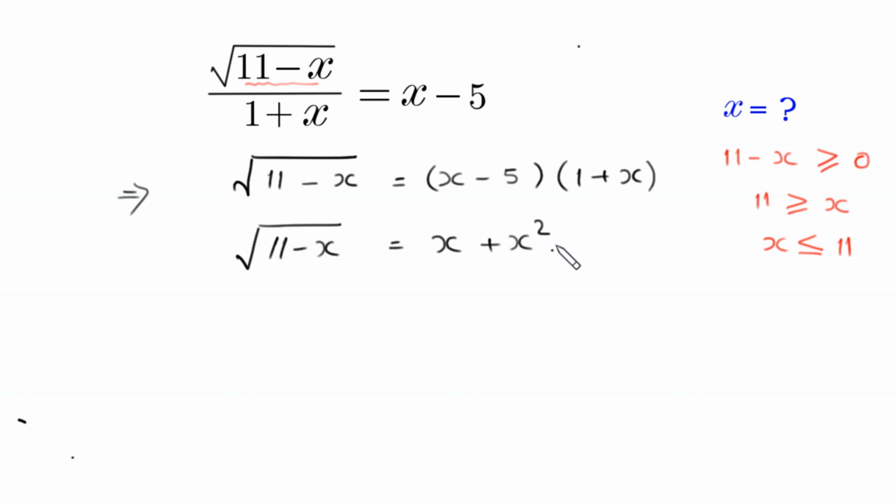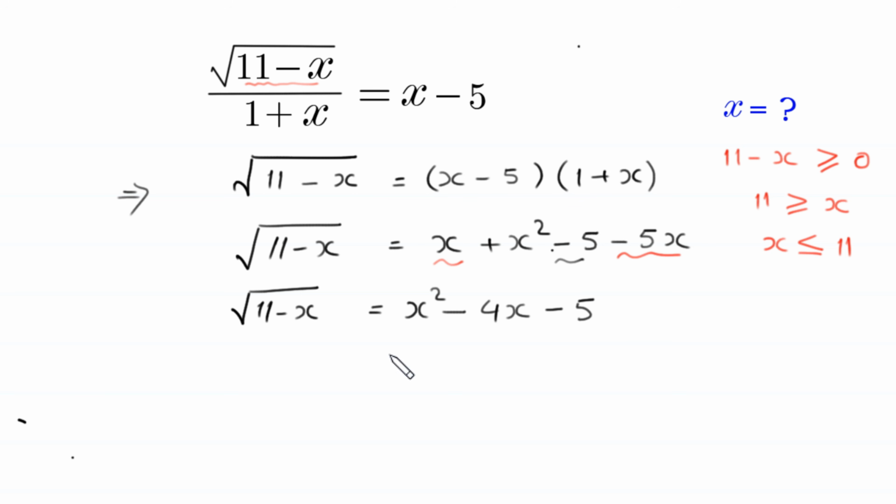Negative 5 times 1 is negative 5, negative 5 times plus x is negative 5x. Next, square root of 11 minus x is equal to, we write this x squared first, x squared, and this 1x minus 5x will become negative 4x, and this minus 5. Next, square root of 11 minus x is equal to x squared minus 4x minus 5.